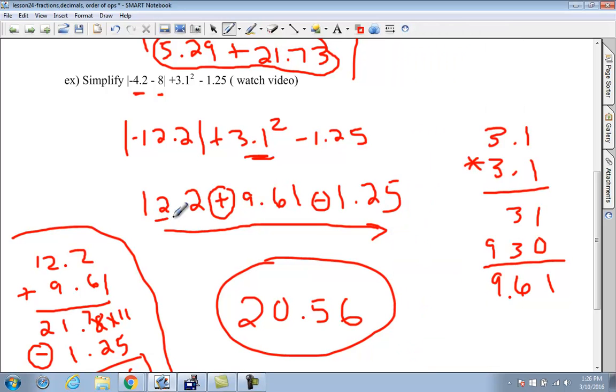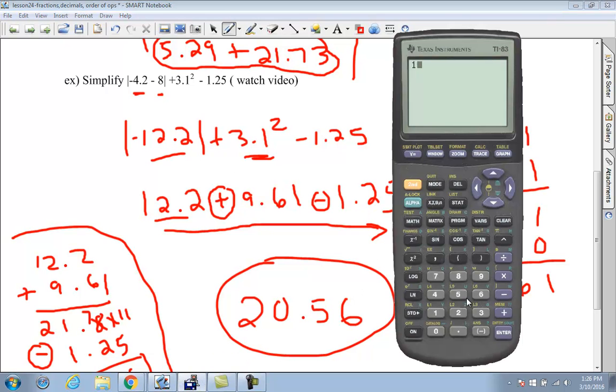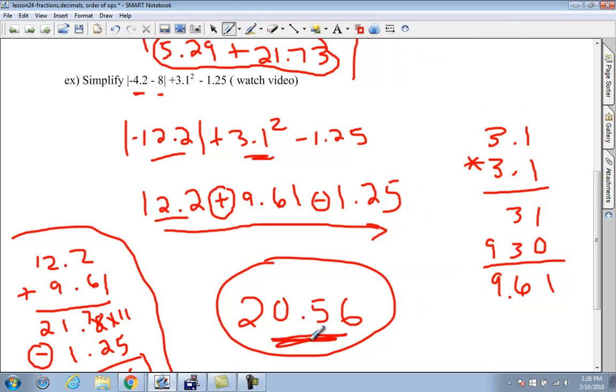Let's try that again. So 12.2, because I'm turning it positive. So 12.2 plus 3.1 squared is 21.81. And then minus the 1.25. 20.56. And voila, we got it. Okay? So again, just check it after you've done it by hand.